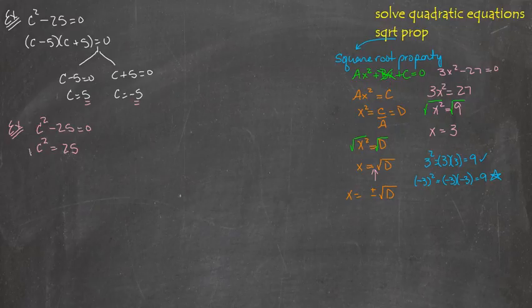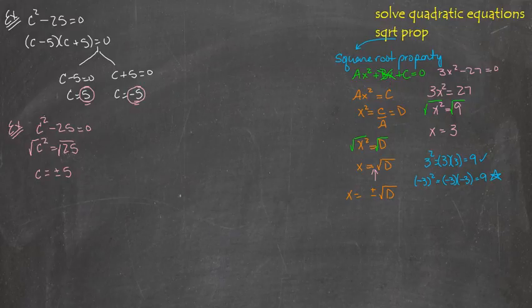Take the square root of both sides, and I get c equals plus or minus, don't forget that part, plus or minus the square root of 25, which is 5. And look at that. That says c equals positive 5, that's this one, and c equals negative 5, that's this one. Two solutions to the same equation.